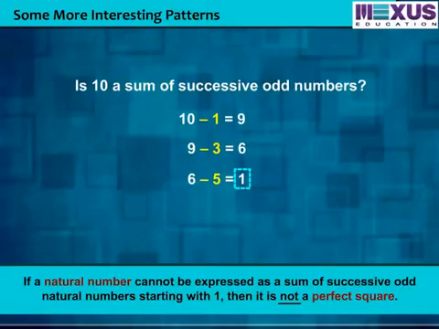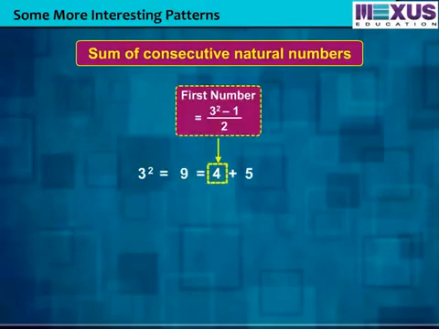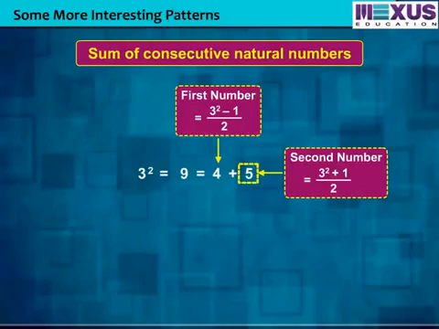Let us now understand one another pattern of sum of consecutive natural numbers. Let us understand through an example. Here you can see 3 square is equal to 9, and 9 is expressed as the sum of 4 and 5.